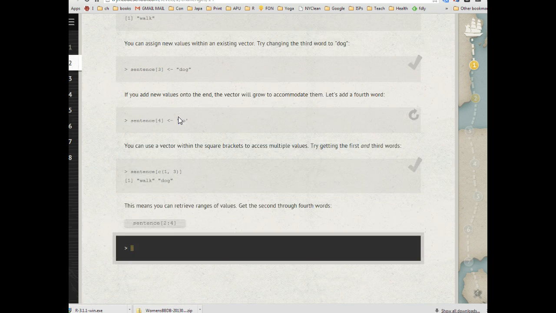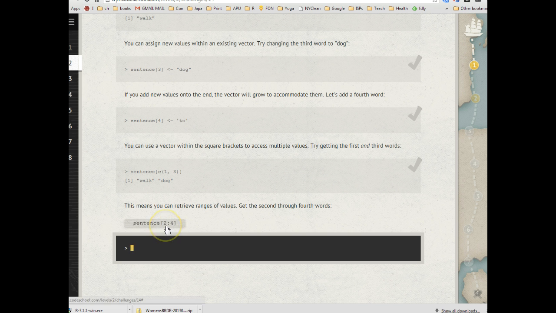Walk and dog. Does everyone get it? Any questions? Now how about this? Do you think this might work? Well, let me put it this way. Square brackets inside, you sort of have to have a vector. So do you think this will work?